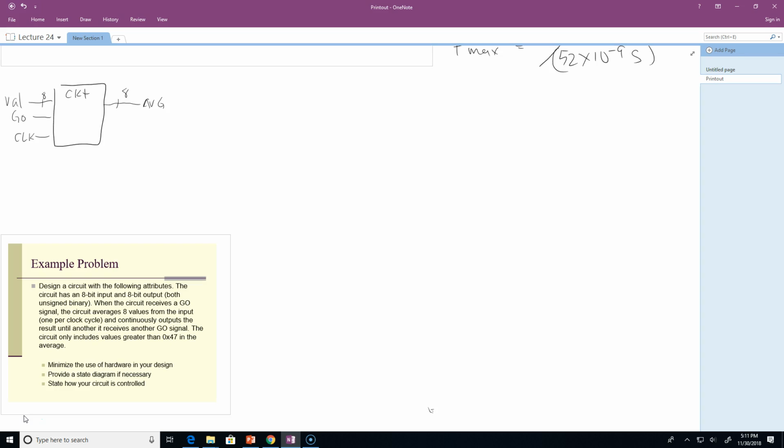One of the other issues in this problem is that I'm adding up 8 numbers, and the problem doesn't specify the width of the output. It doesn't say anything about it being valid or not. The idea here is that I want the answer to be valid, so I want to make the width of the output big enough such that I can add together 8 8-bit numbers.